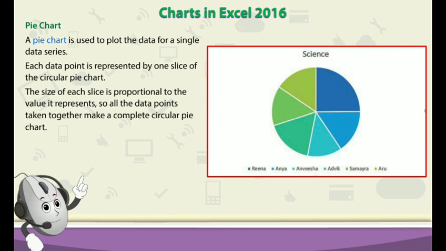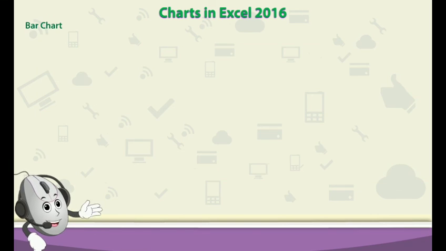The size of each slice is proportional to the value it represents. So all the data points taken together make a complete circular pie. It is useful when you want to focus on specific elements.